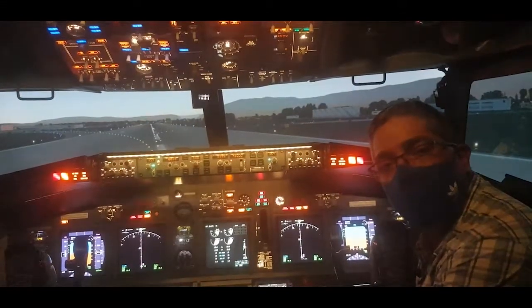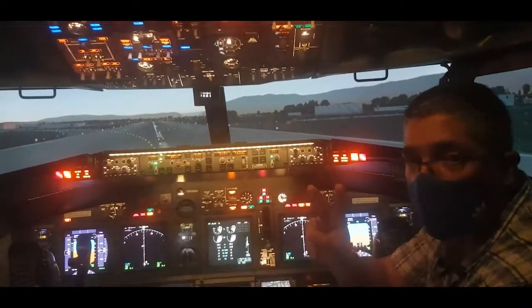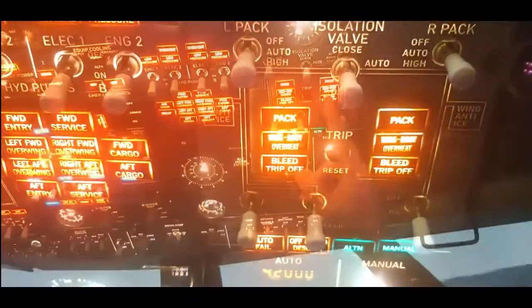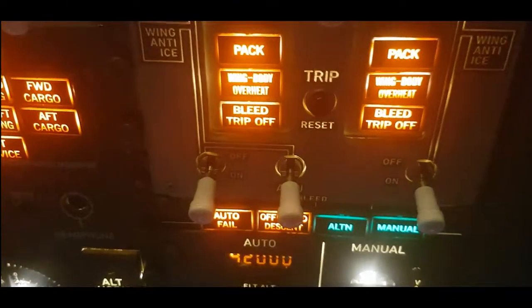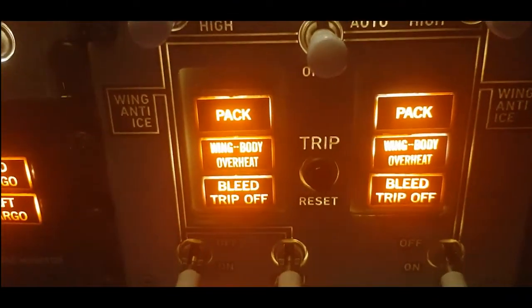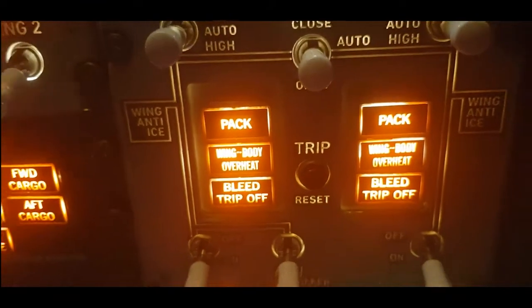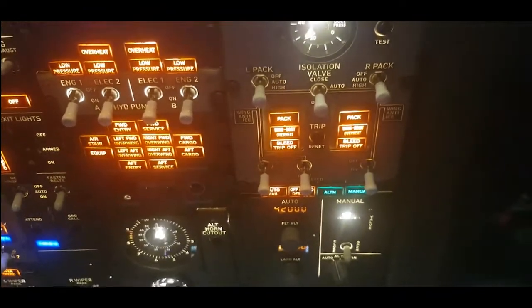Okay, now we'll talk about the wing body overheat. And we have 2 lights here in the same panel. And these lights show that there is a duct leak in the bleed air system. The wing body overheat detection system has sensors that detect bleed air duct leaks from the bleed air system.